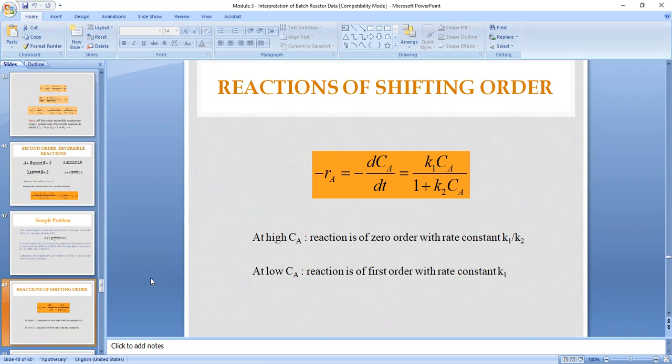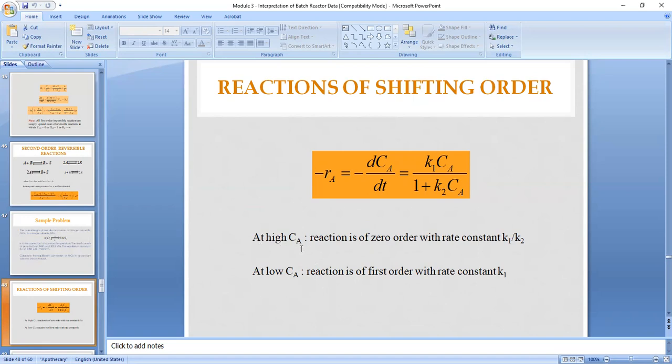So the example is in here. There will be several rate expressions that will be given you, in which you will be asked how will be the rate of reaction affected when one particular concentration is very high compared to another. So there are two scenarios in here, okay, just to show to you how the order of reaction shifts.